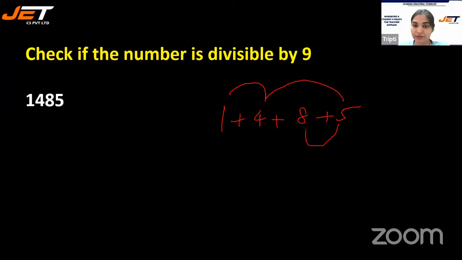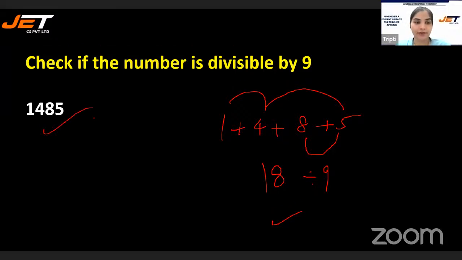Now it will be easy for me to add this 8 because 10 plus 8 is 18. You can also try like this. 18, again a coincidence. Yes, 18 is divisible by 9. That means this number is also divisible by 9. Easy?